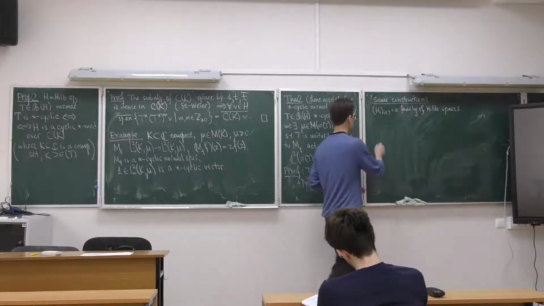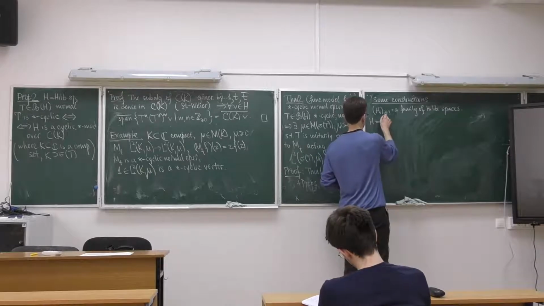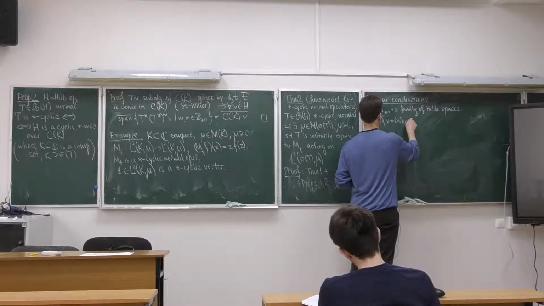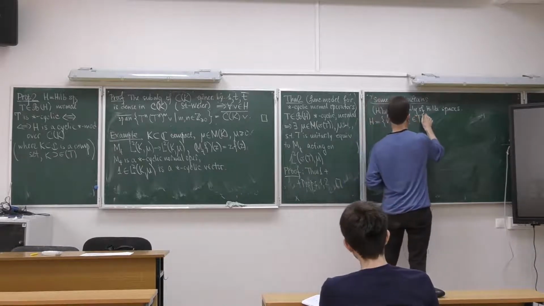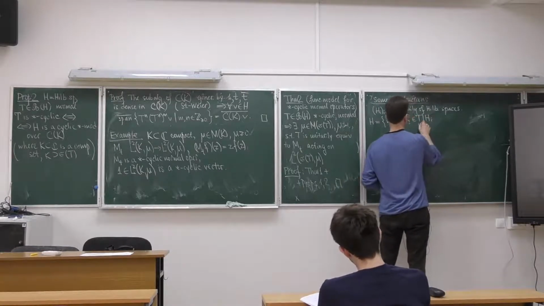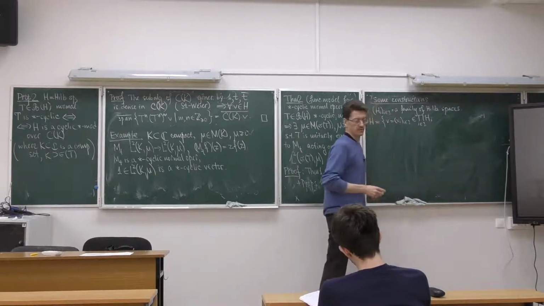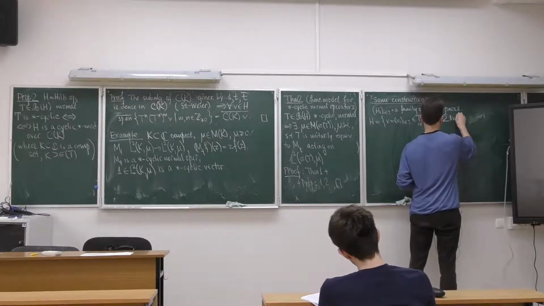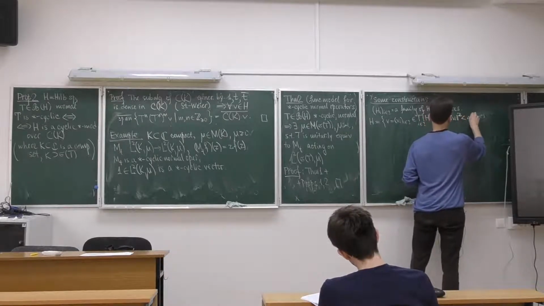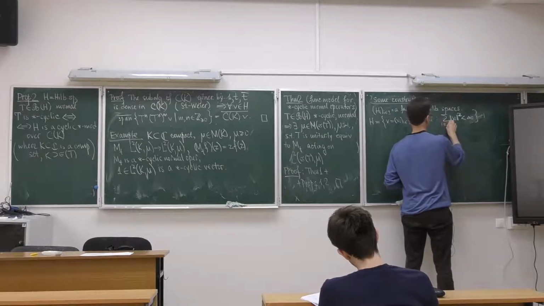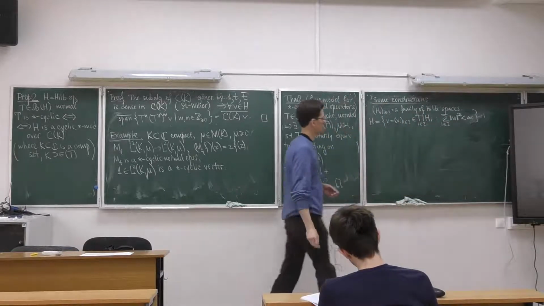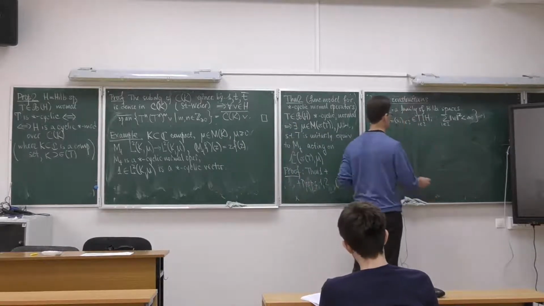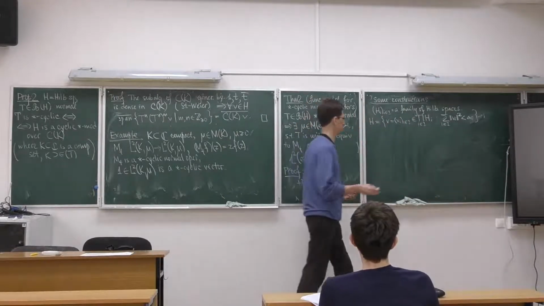And let's denote by H the set of those elements V_i in the product of these spaces such that the following sum is finite. Probably I have to explain what this sum means, because I don't assume that I is countable.